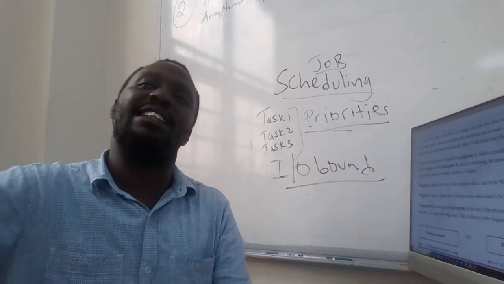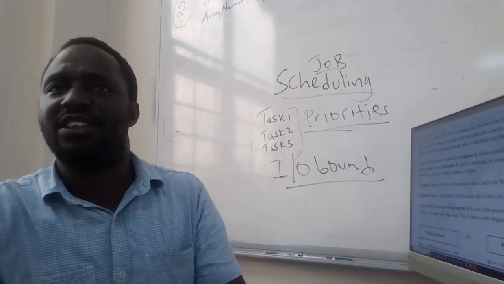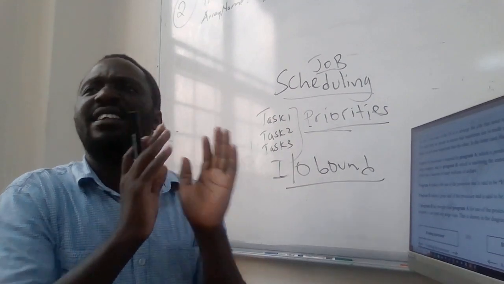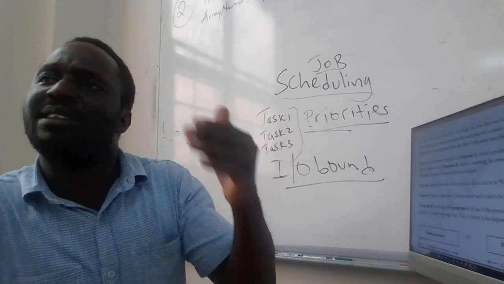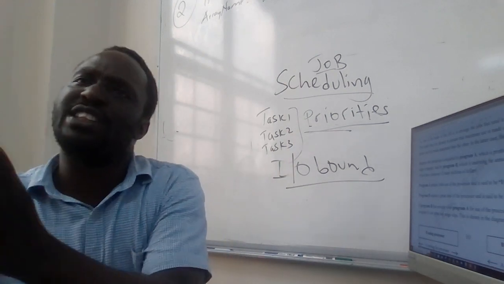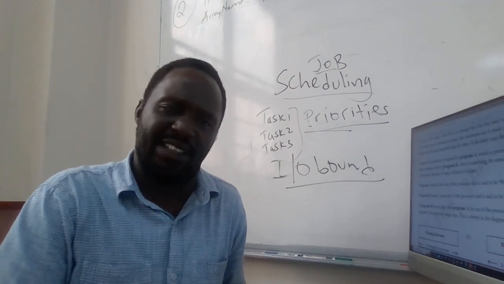The processor only instructs the printer. Such a job becomes I/O bound because it spends more time with the input and output devices.